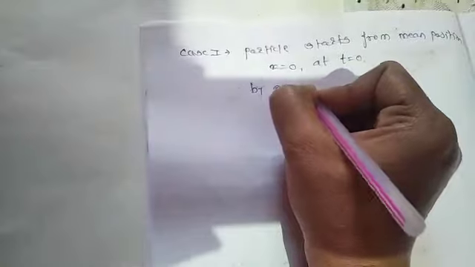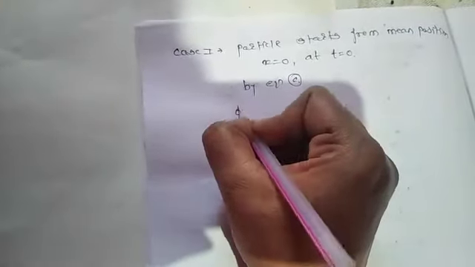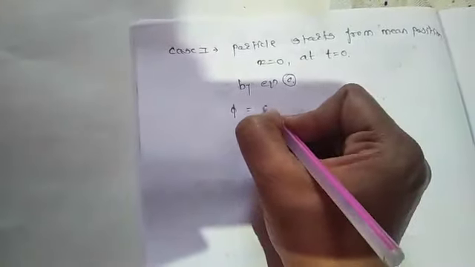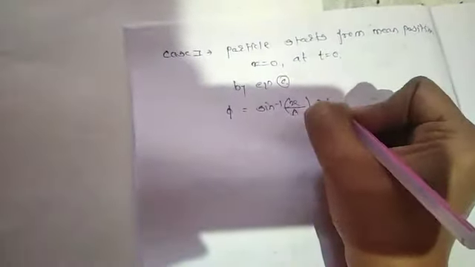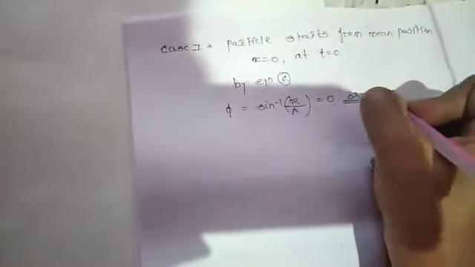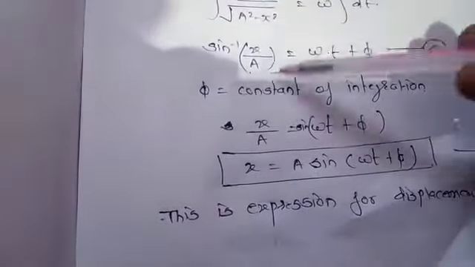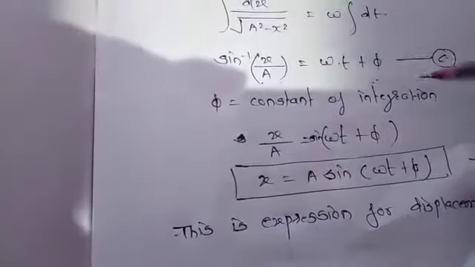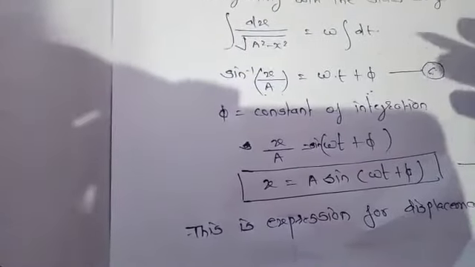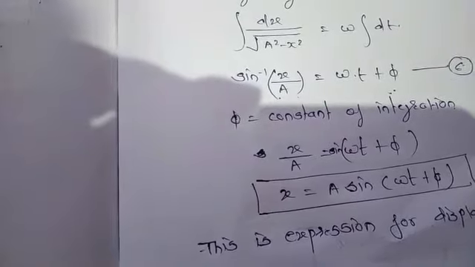So by equation 6, we have phi is equal to sine inverse of x upon a, which is equal to 0 or pi. This is equation number 6. So here x is equal to 0 at t is equal to 0, so phi is equal to sine inverse of x by a, which is equal to 0 or pi.